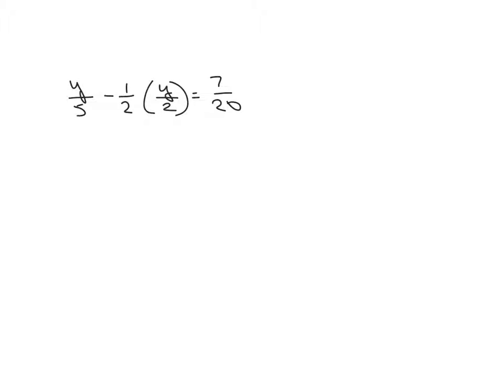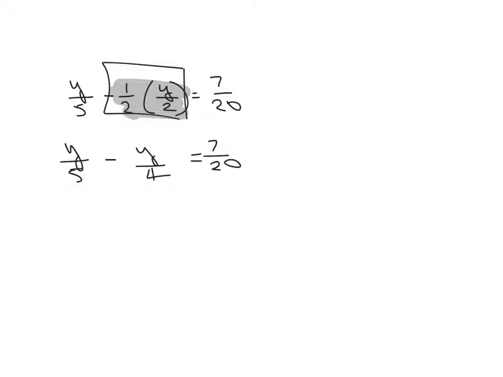So again, here's example B, and before we do anything, we're going to combine these terms right there. And we have y over 5 minus y over 4 equals 7 over 20. It just simplifies that a little bit. Now we're going to look for the least common denominator, the lowest number that 5, 4, and 20 all go into.